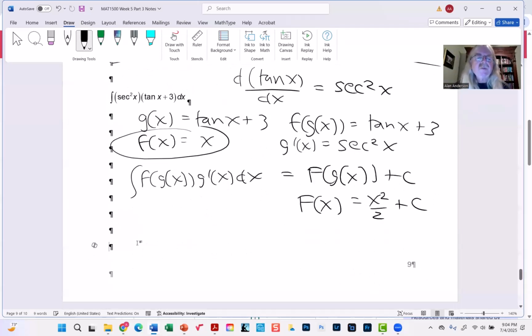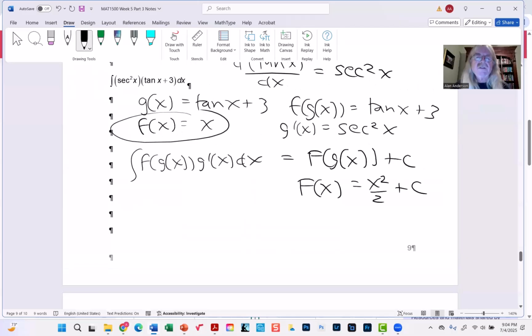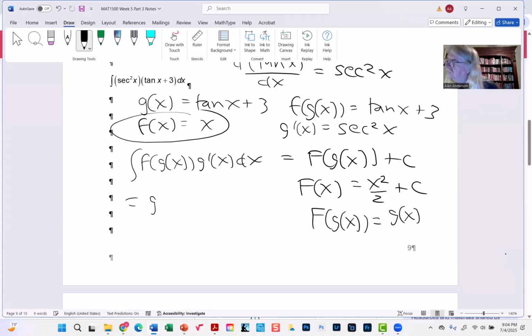So that means that when we apply our substitution here, we're going to end up with, g is tangent x plus 3, so we're going to have tangent x plus 3 squared over 2.